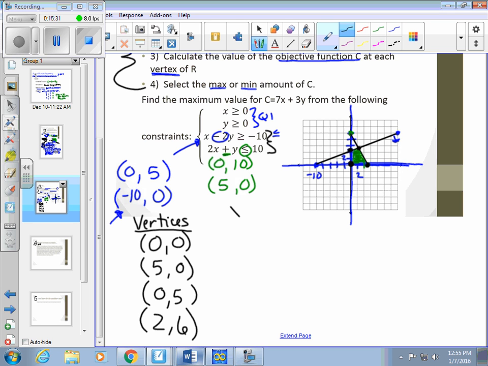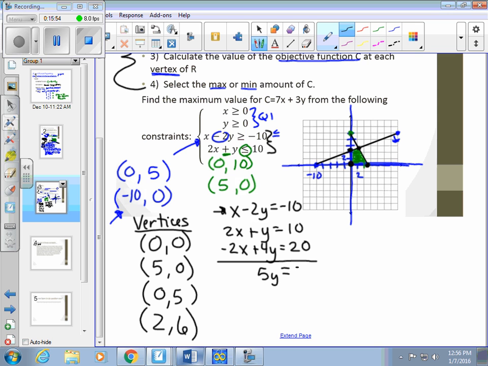So we would have x minus 2y equals negative 10, and 2x plus y equals positive 10. Multiplying this top equation by negative 2, I get negative 2x plus 4y equals positive 20. Adding things together, I get 5y equals 30. So my y value is 6.